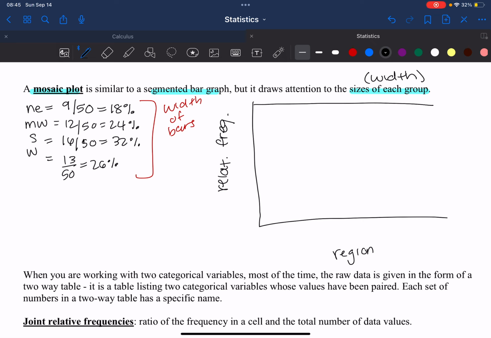Okay, so for my frequency, I'm going to go by 20s. Let me redo that so I spread it out a little bit more. Okay, and then the top I'm also going to go by 20s. And remember, these are percentages.